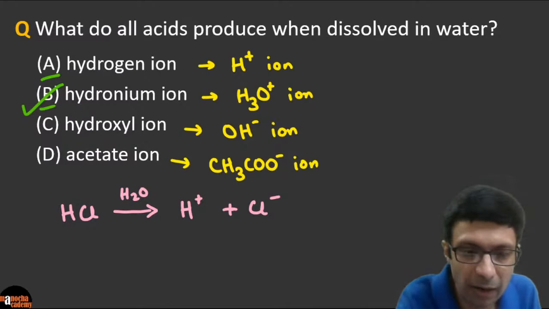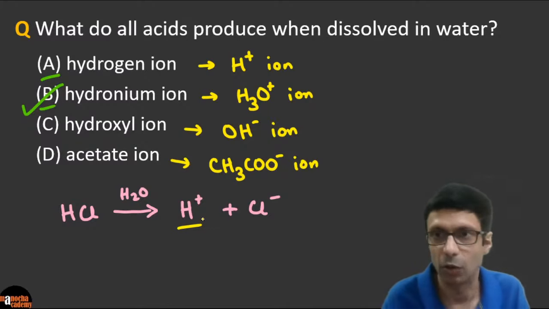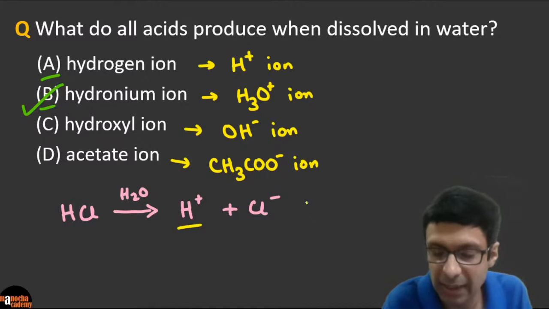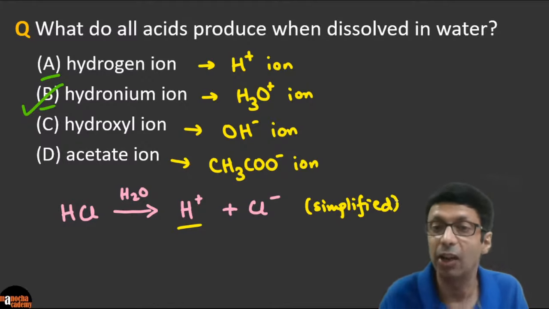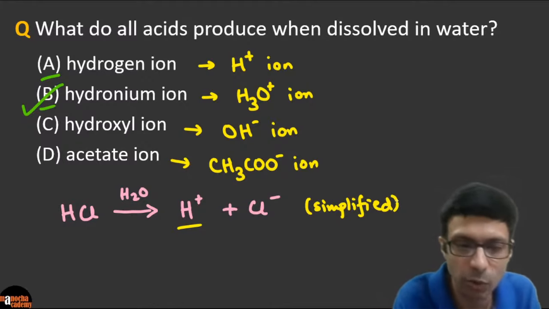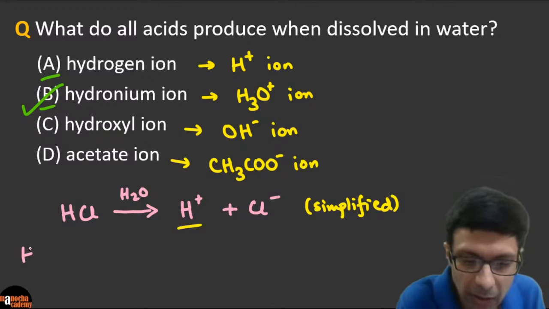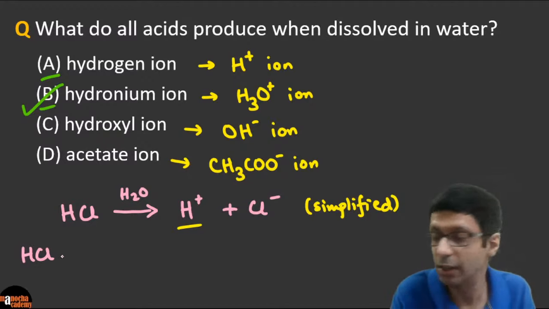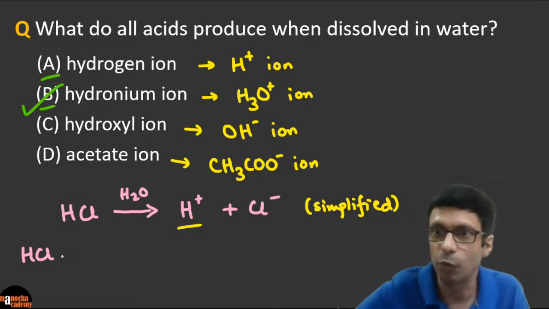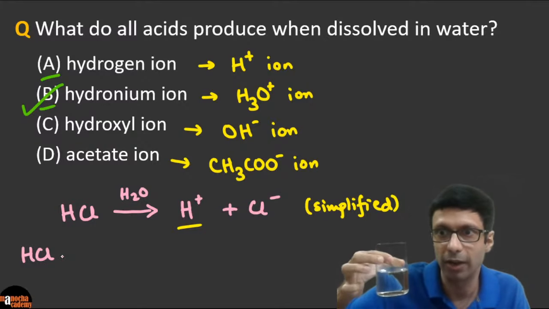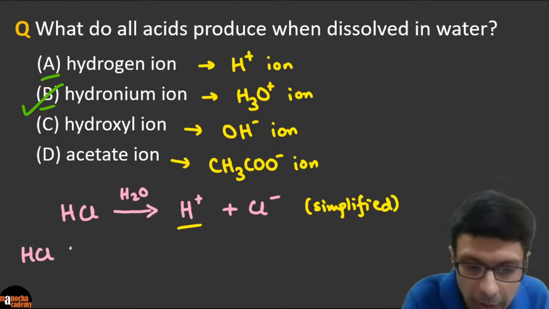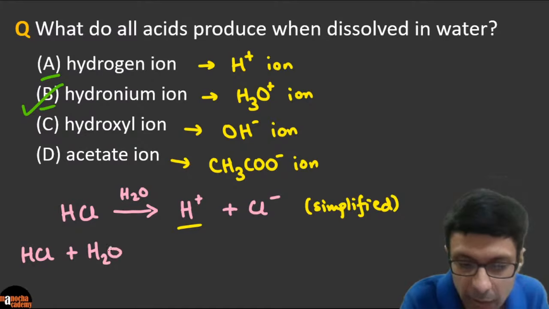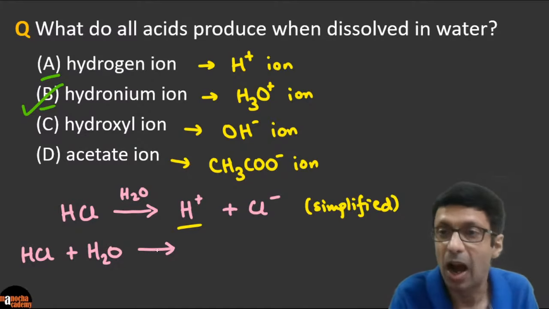So here you can see our hydrogen ion is produced, okay? But note, guys, this is the simplified equation. In reality, what is happening, let me explain to you. In reality, when hydrochloric acid is dissolved in this glass of water, the water reacts with hydrochloric acid to produce hydronium ion.